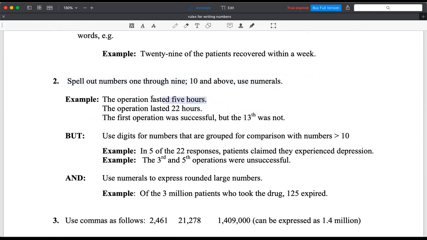For example, we say the operation lasted five hours, but we write numerals for numbers above 10: the operation lasted 22 hours. Any number 10 or higher, I write in numerals. I say the first operation was successful, but the 13th was not.